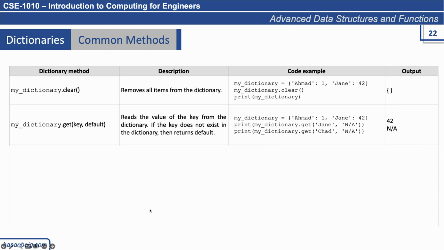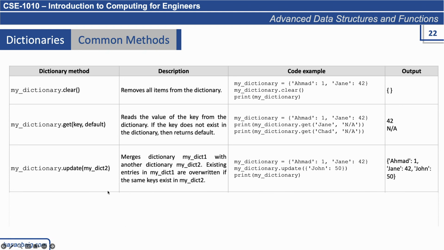Next thing is update. So we can merge 2 dictionaries. It's important because we are having some activities ahead, so it would be important to concentrate here. So merge dictionaries: the dictionary name first, and another dictionary, you can update the dictionary with the update elements.